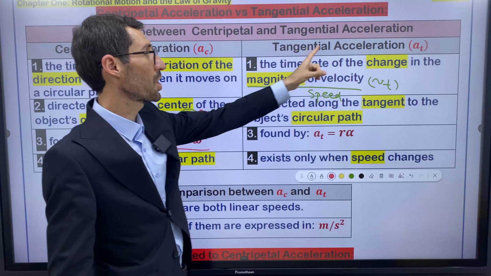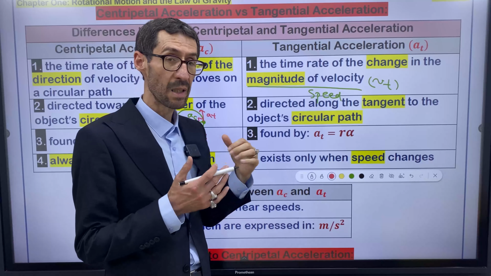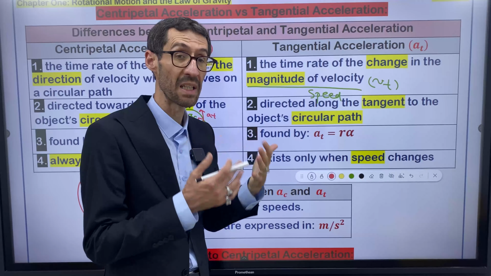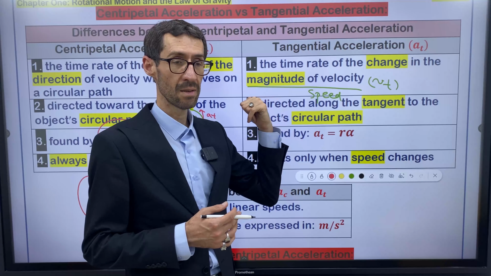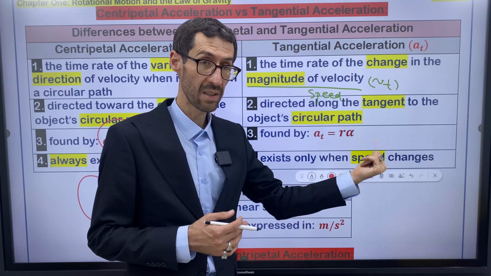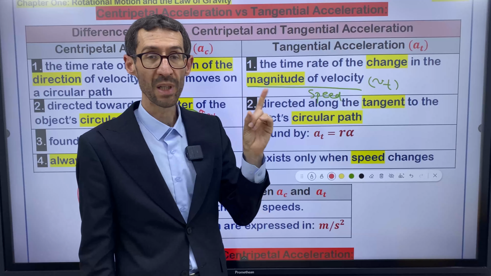But what do you say about the tangential acceleration? Tangential acceleration depends on the magnitude of velocity, on VT, on the speed, right? Whether the object speeds up or slows down, AT is created. But in one situation, AT becomes zero. In which situation?